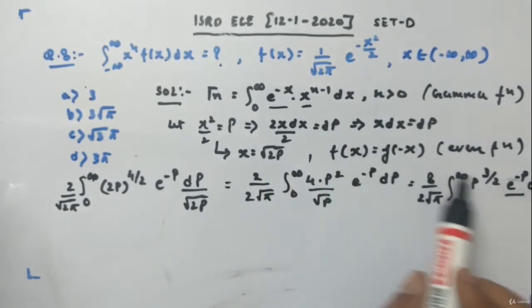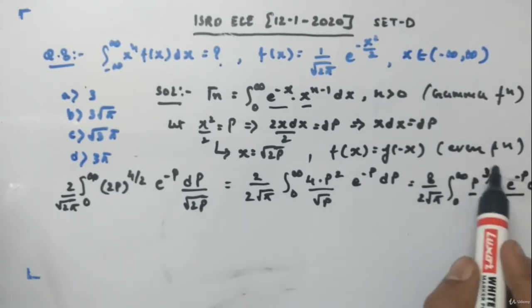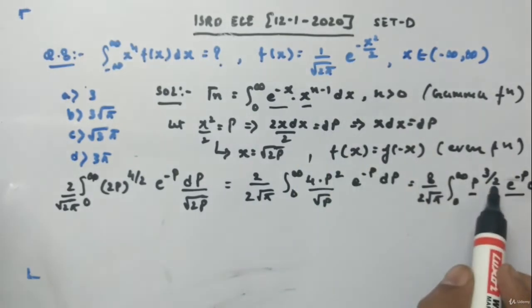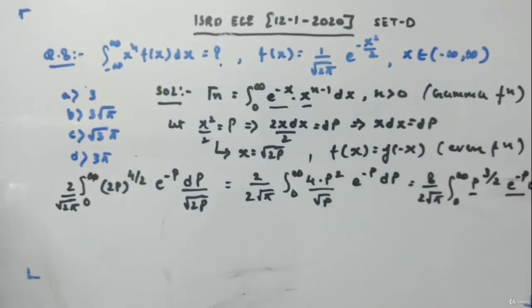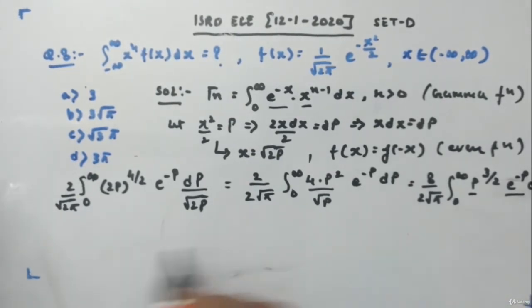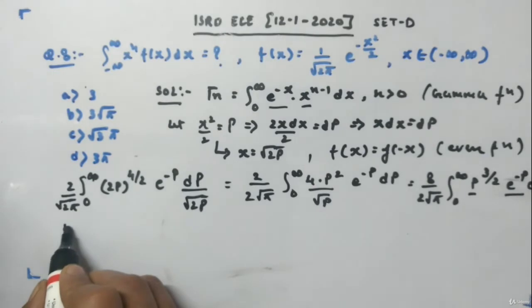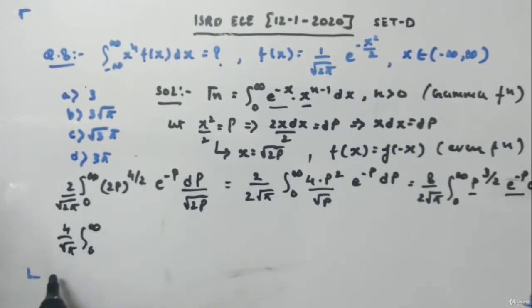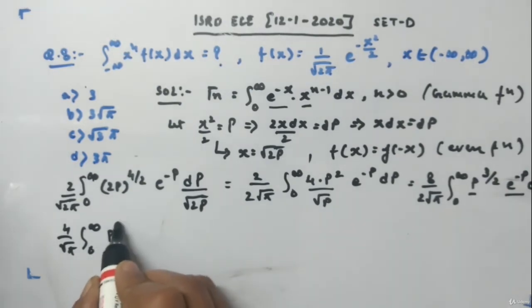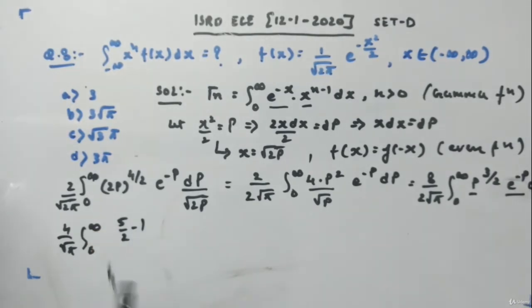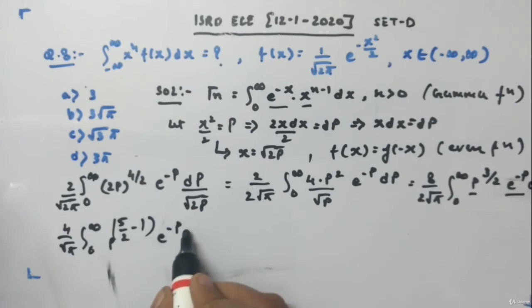Now x is also there with me in the form of p. The only thing I want is this n minus 1, this value of n. So I'll write here 4 divided by root pi, 0 to infinity, p to the power 5 by 2 minus 1, and e to the power minus p dp.